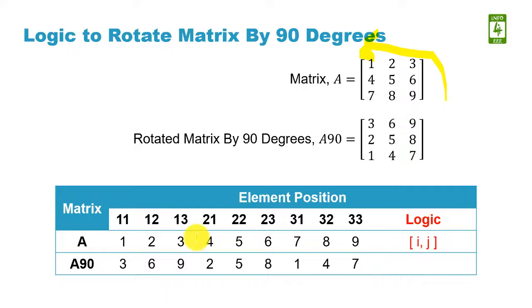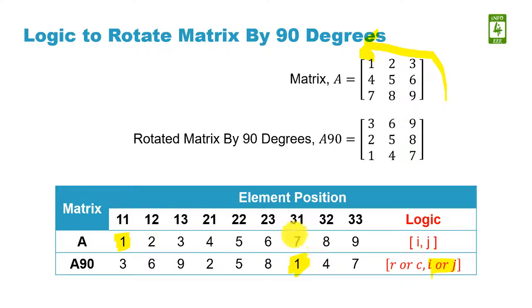Now I'm considering the first element of matrix A, which is at 1 1 position. For matrix A90, this element should be at the position 3 1. So from this we can identify the logic, that is at this position the j is 1. It may be i or it may be j of the matrix A.